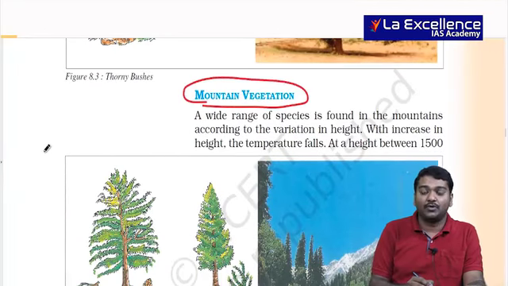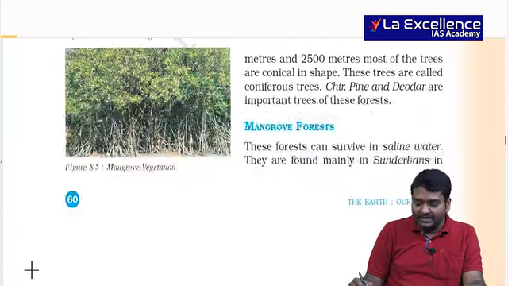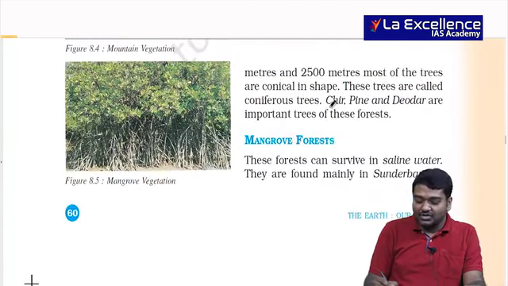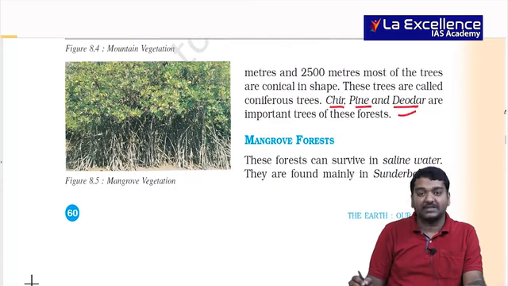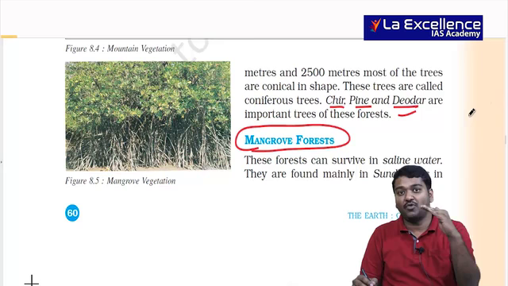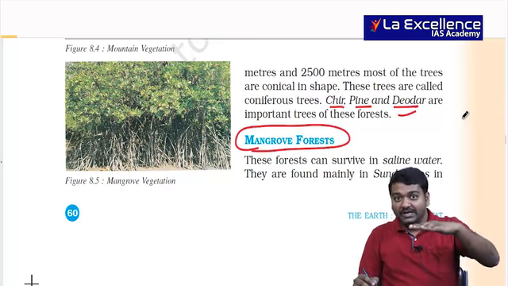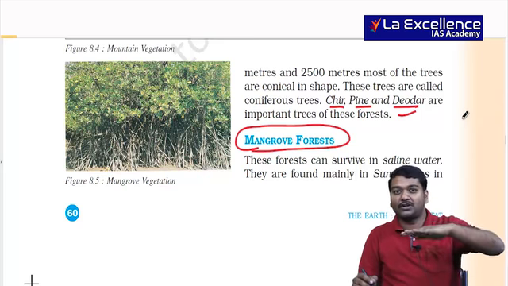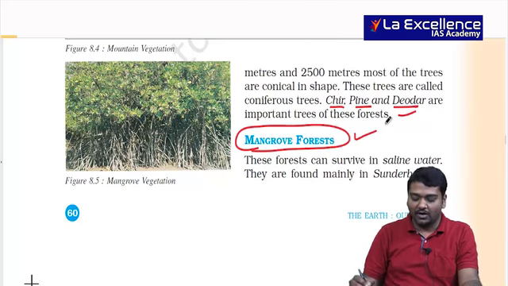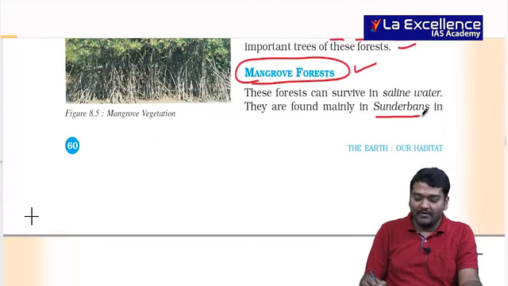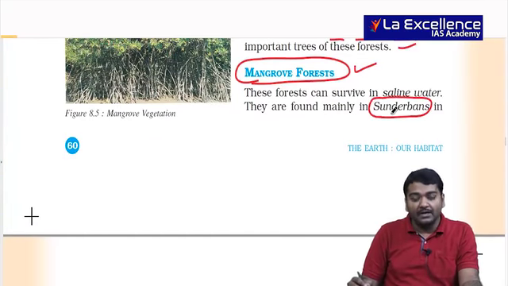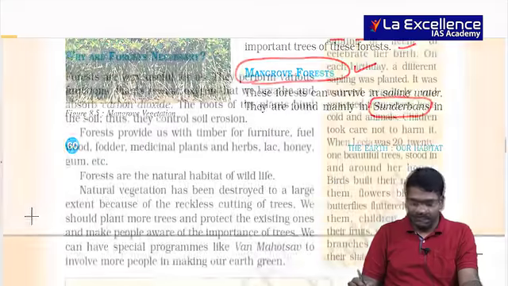I have already told you, with increasing height, you get certain climatic condition. Chir, pine, deodar are present in this region. Then you have mangrove forest. Wherever you have the coastal region, where the fresh water and salt water is usually present, we call it mangrove. And you might be aware of Sundarbans near West Bengal and Bangladesh, right?